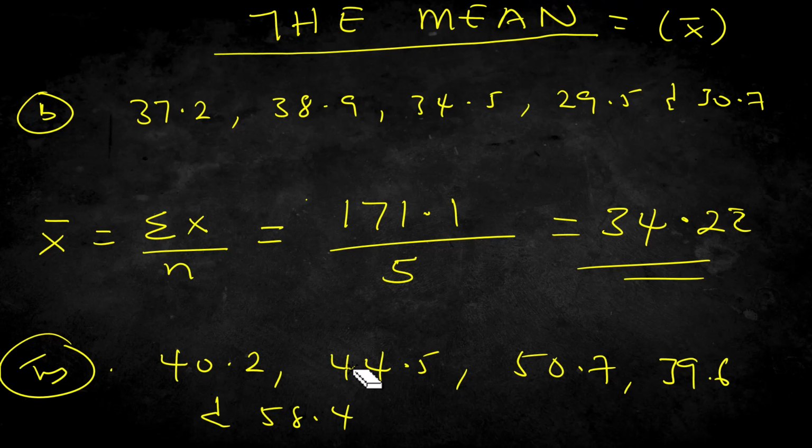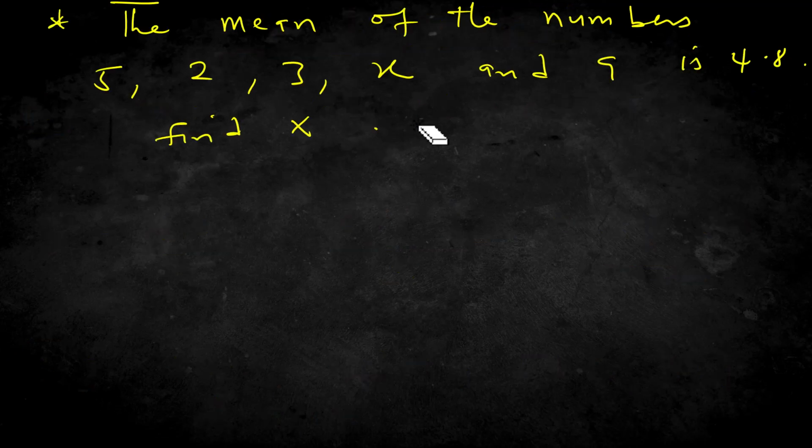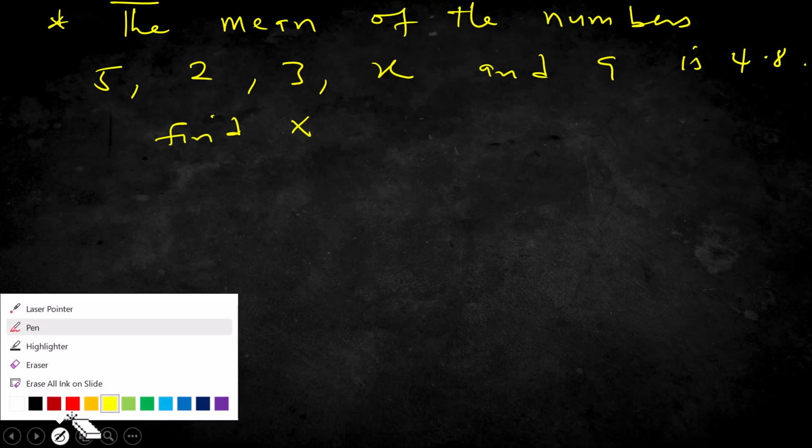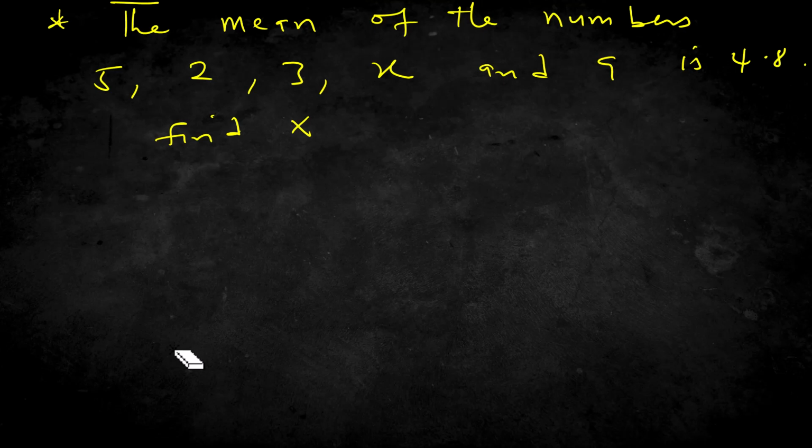All right, let's observe this question. The mean of the numbers 5, 2, 3, x and 9 is 4.8. Find x. So this one is very simple.